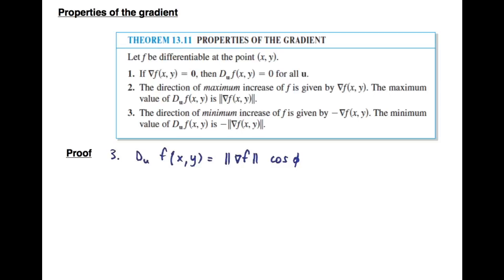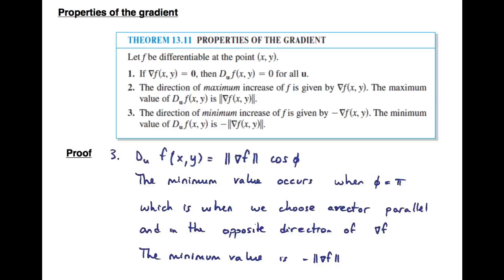We have the magnitude of del f times cosine phi that yields the directional derivative, and just the same as before, this time the minimum value occurs when phi equals pi, which is when we choose a vector parallel and in the opposite direction of del f. This will yield cosine phi equals -1, and therefore the minimum value we can get for D_u f is negative the magnitude of del f.